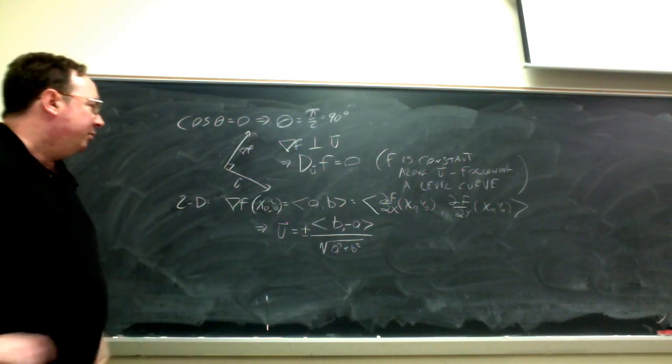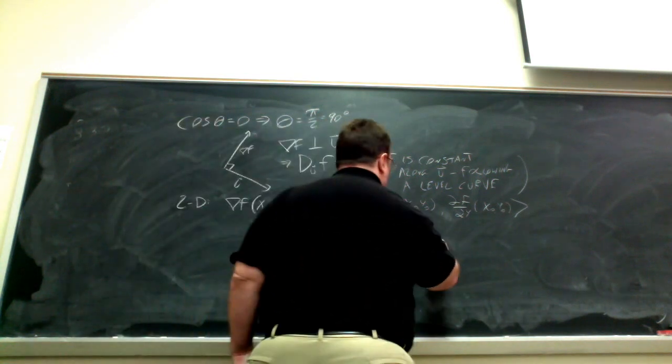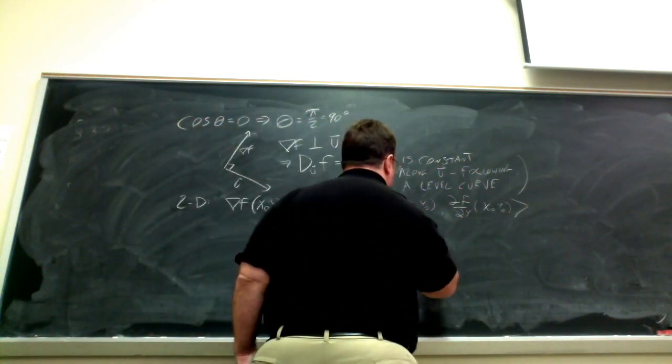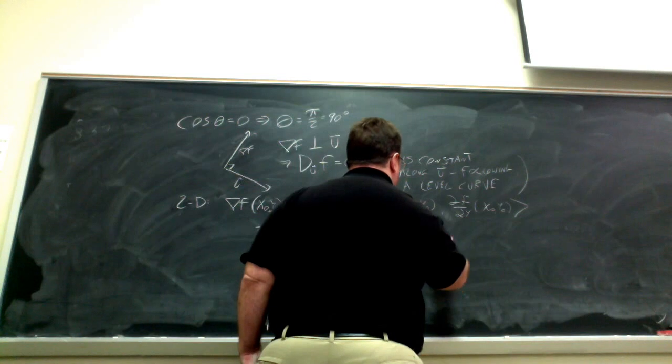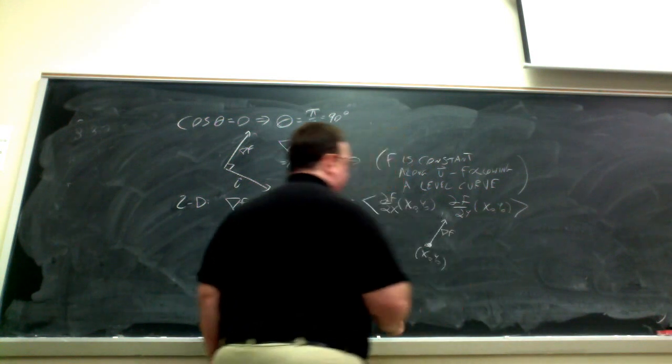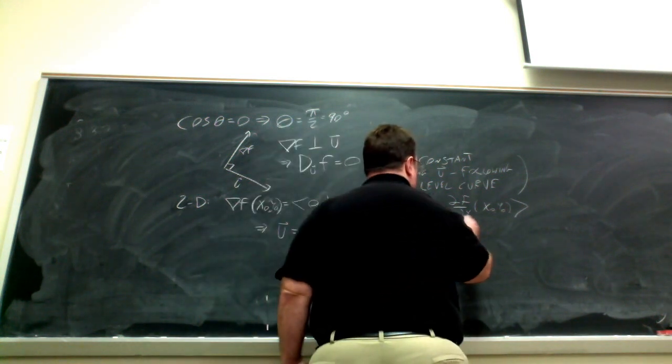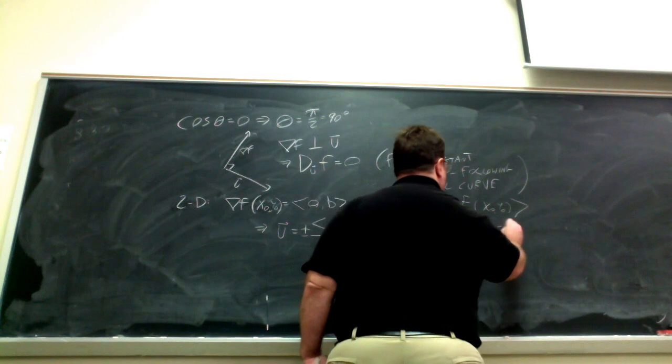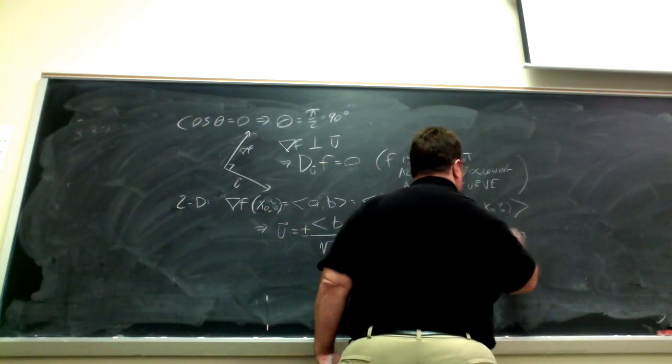So what's happening is, at a certain point, at this point, x naught, y naught, say the gradient happens to be pointing in this direction. Then right here is steepest ascent, most rapid increase.